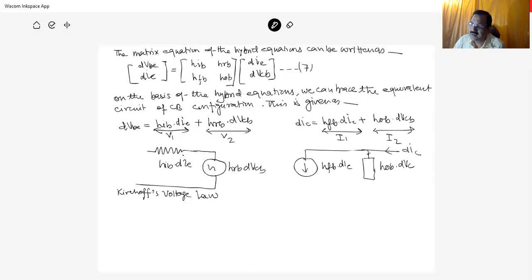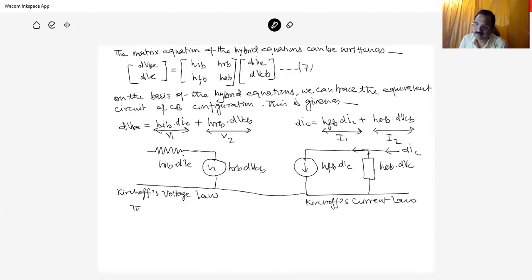These are the two current parts, I1 and I2, and these are connected here. So this is Kirchhoff's current law. So this is the voltage source, this is the current source. The hybrid part is connected here. So this is the equivalent circuit of CB configuration.